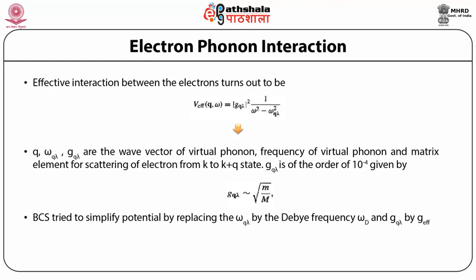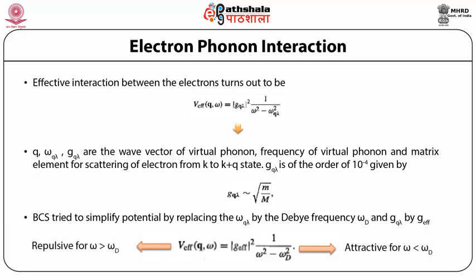This is basically just a simplification, and this matrix element is defined in such a way that the potential is repulsive for omega greater than the Debye frequency omega_D, and attractive for omega less than omega_D. So V effective simply changes sign in these two limits, repulsive and attractive.